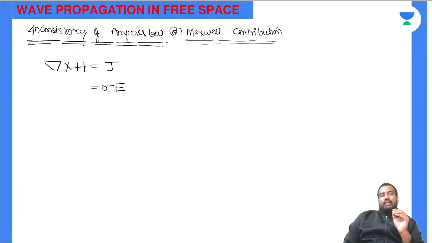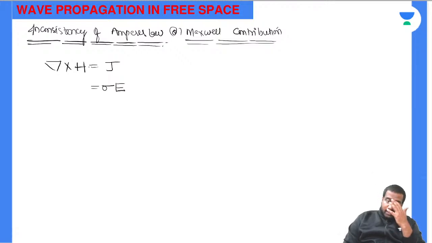But in the 1850s, one scientist named Maxwell said that for the flow of current, a conductor is not required. Rather, current can flow in air.